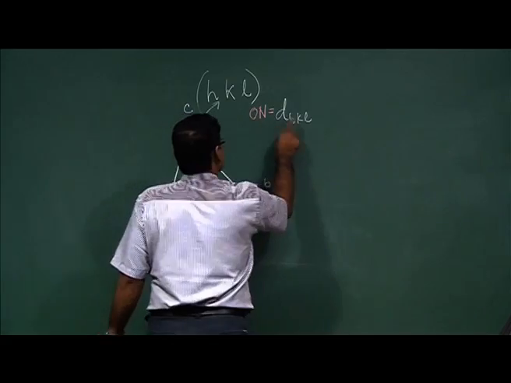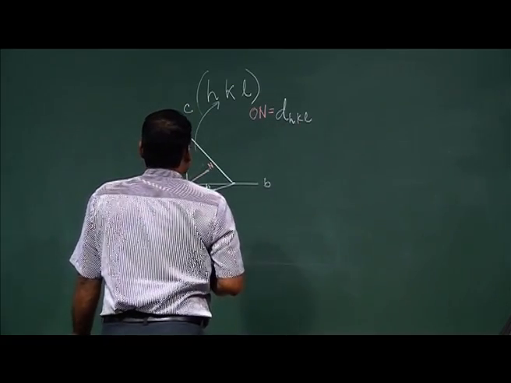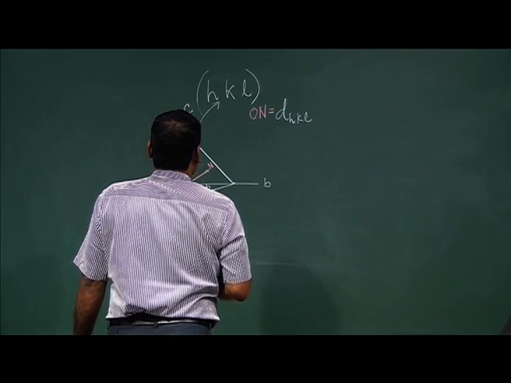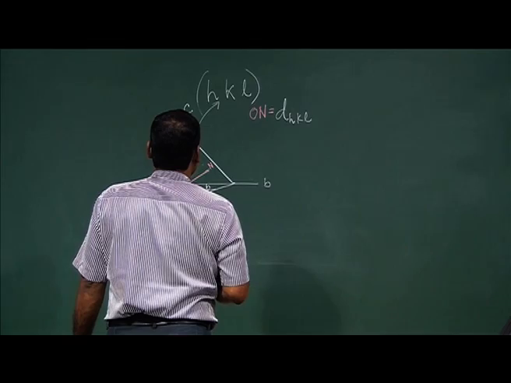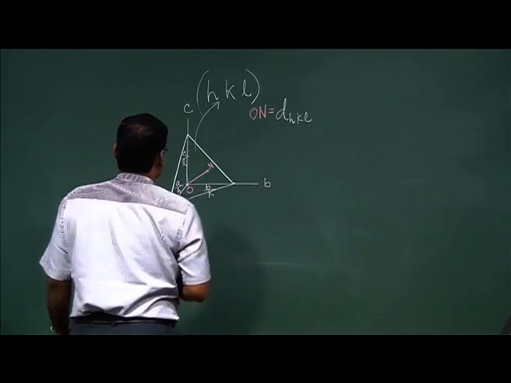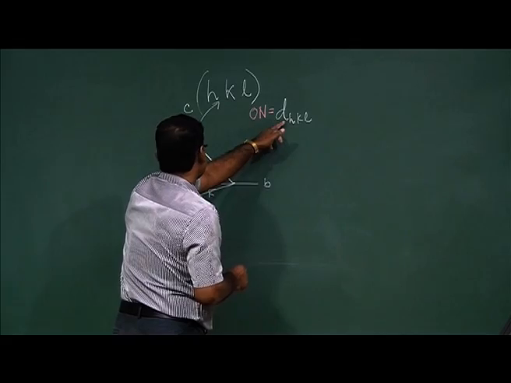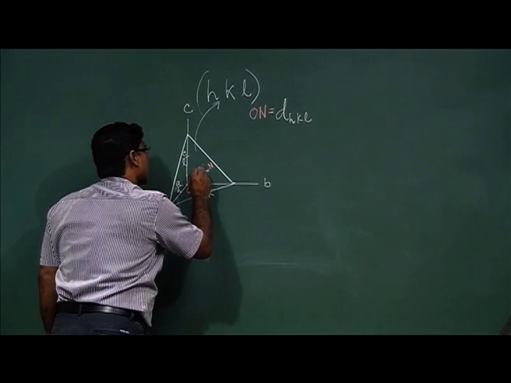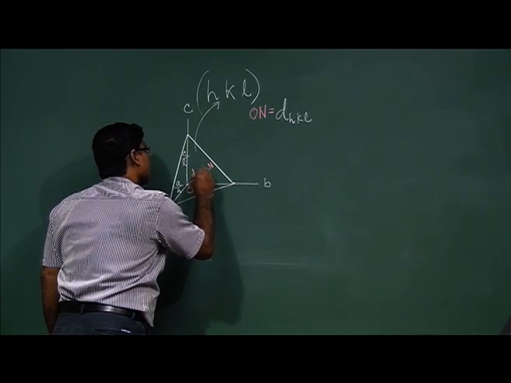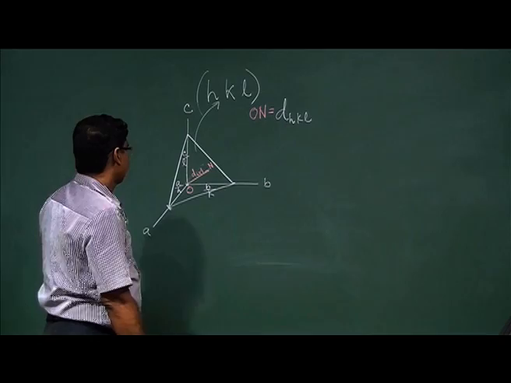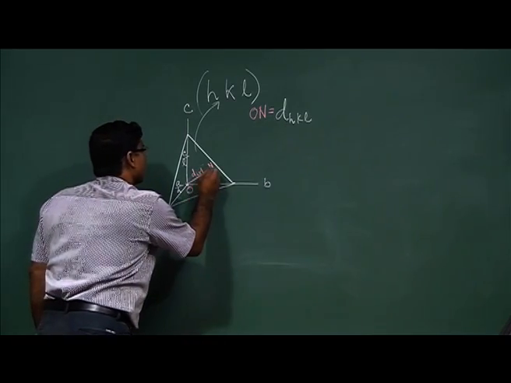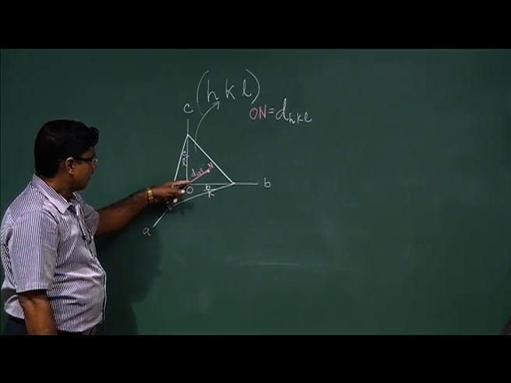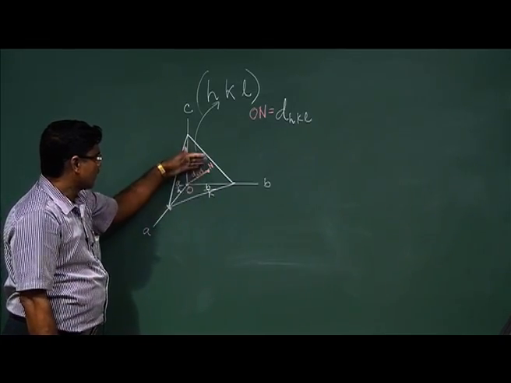So that is DHKL, and we want to find out the DHKL value. So you have the plane and this is the normal, ON is the normal on these planes.